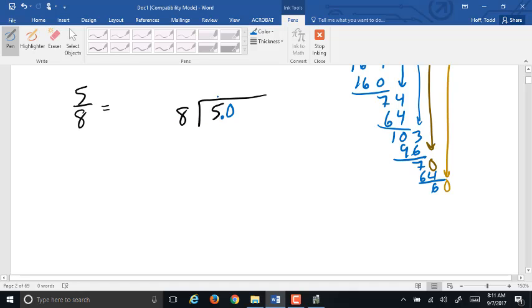Now, before we can try 8 into 50, we have to move the decimal point up. 8 goes into 50 6 times. 6 times 8 is 48. There's 2 left. And we can keep adding zeros. 8 into 20, twice. 2 times 8 is 16. We've got the 4. Add another 0. Bring it down. 8 goes into 40, 5 times. So it ends right there. That's it. It's perfect. Nothing left over.